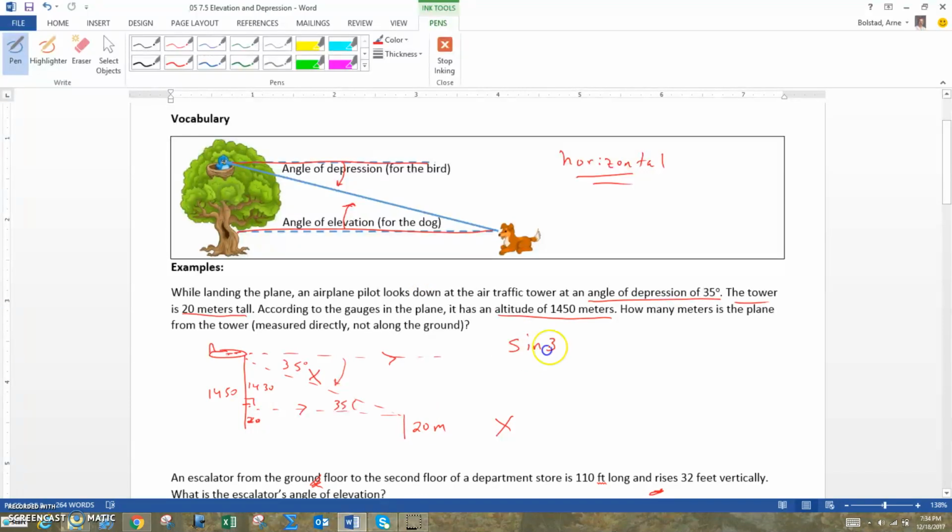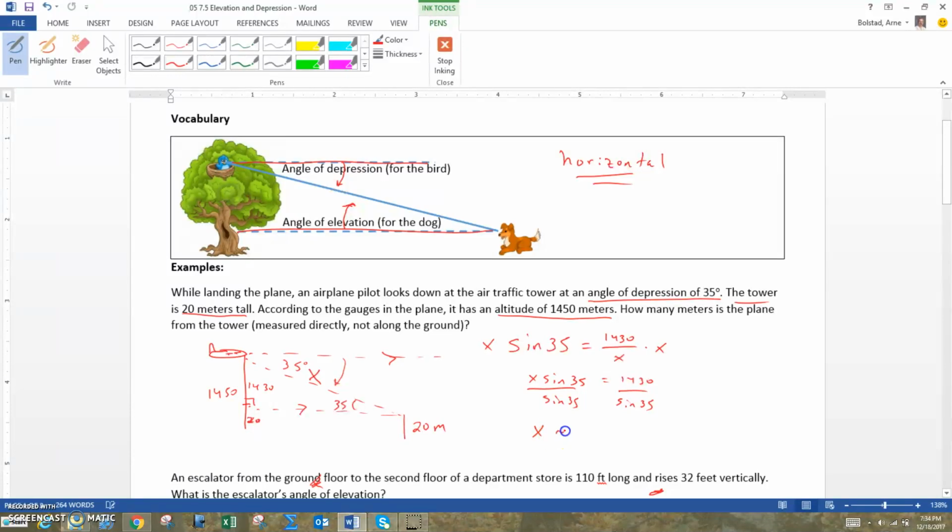So we have the sine of 35 degrees equals 1,430 over x. And to solve for x, we'd multiply both sides by that x, and then we would divide by the sine of 35 degrees on both sides.